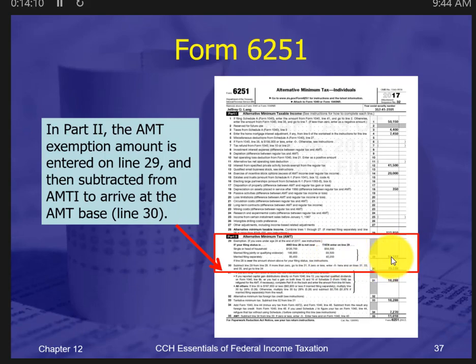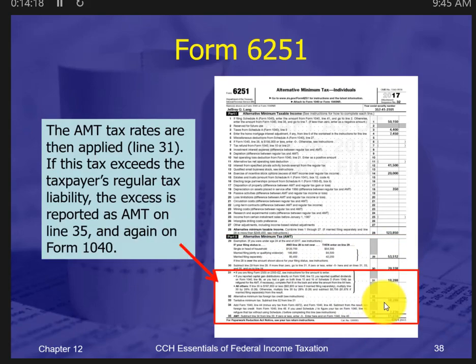Remember that you need to phase it out because there's nothing that really explains how to do the phase out. And then you compare it down here to your regular tax, and then get the amount of the difference, which tells you right there where to carry it onto Form 1040. Remember the second page.